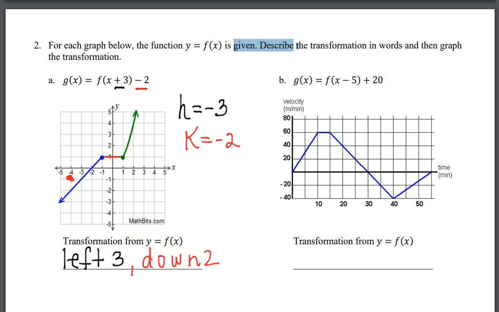And then I'm going to do the same thing with this point. I'm going to move it to the left 3, 1, 2, 3, down 2, 1, 2. And we can kind of see that this is what we get when we take that graph and we transform it.